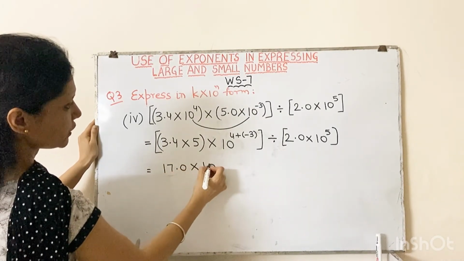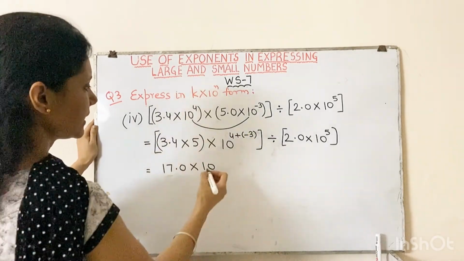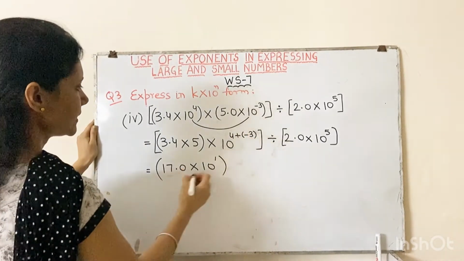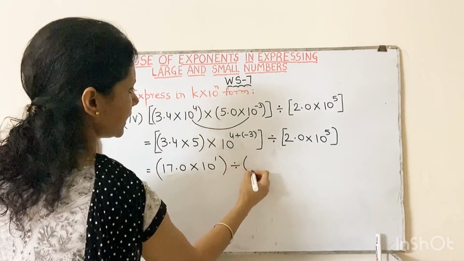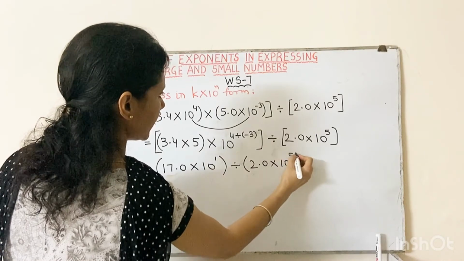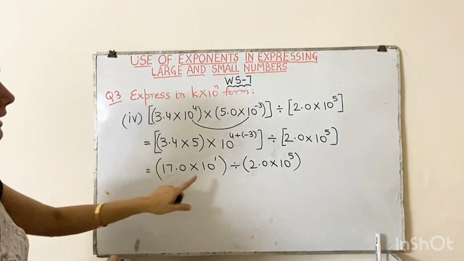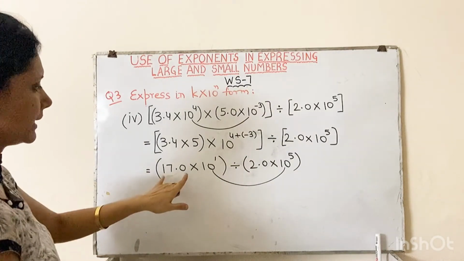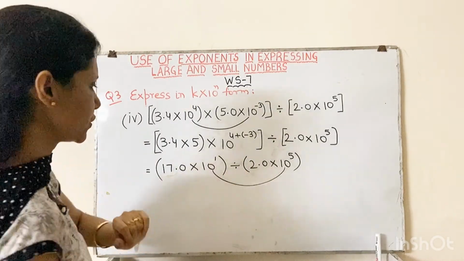multiplied by 10 raised to the power 4 plus minus 3, which is 10 raised to the power 1. Now this is divided by 2.0 multiplied by 10 raised to the power 5. Again we would solve the tens together and the remaining decimal numbers together.